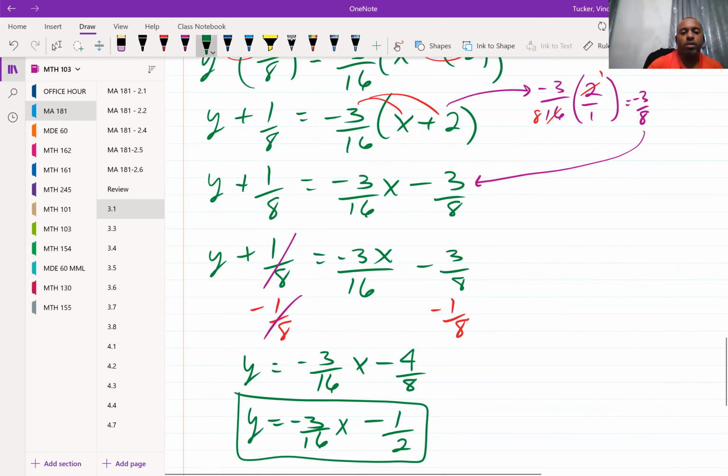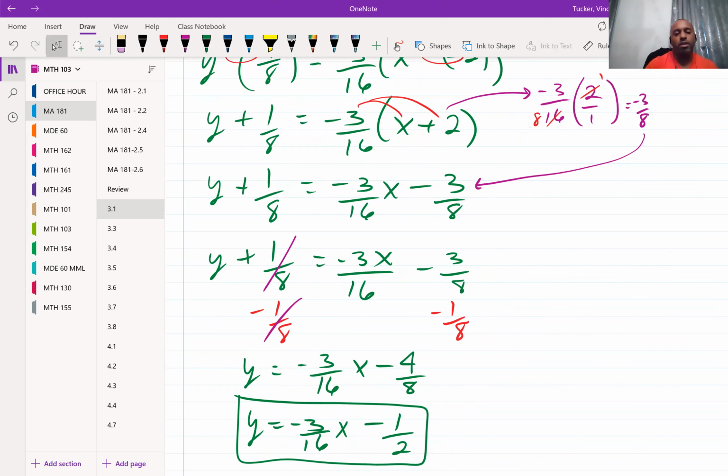So our answer should be y equals -3/16 x minus 1/2.